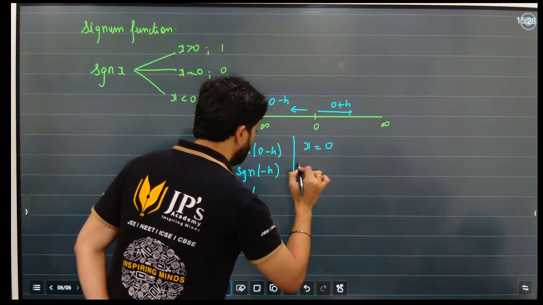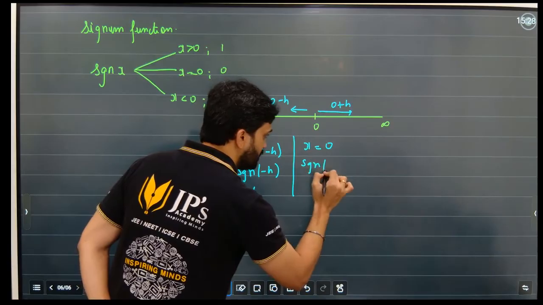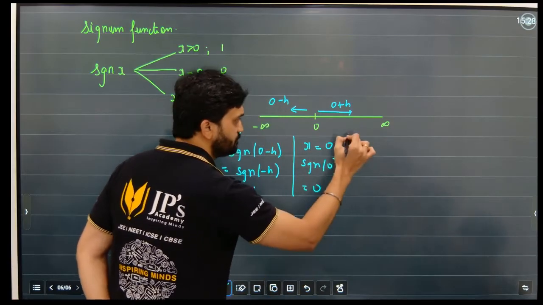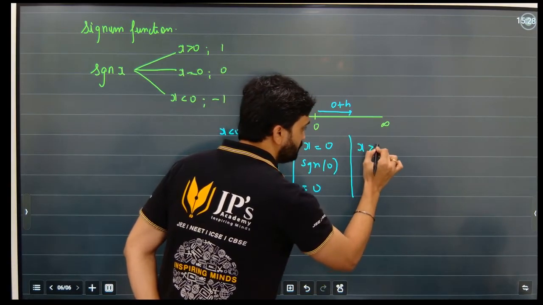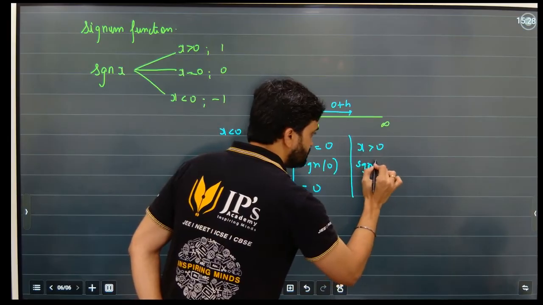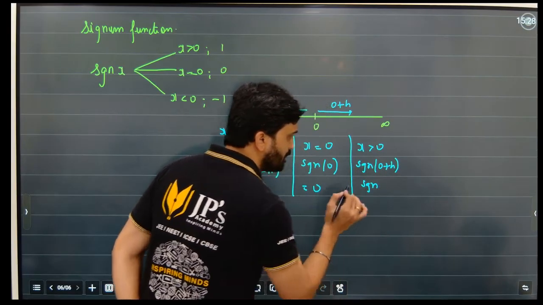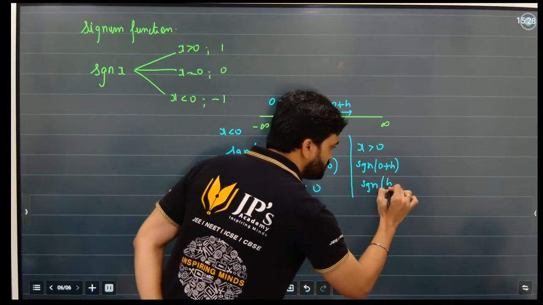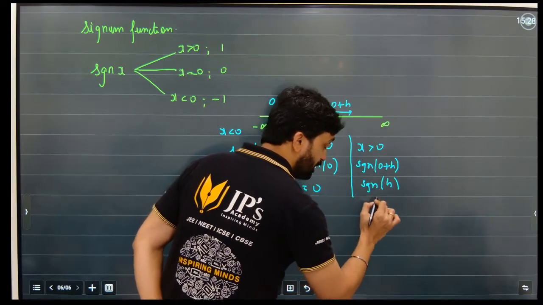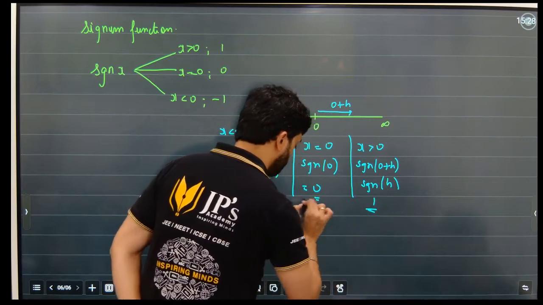For x equal to 0, signum of 0 is equal to 0. And for x greater than 0, signum of 0 plus h is signum of h, where h is greater than 0, so its answer is 1.